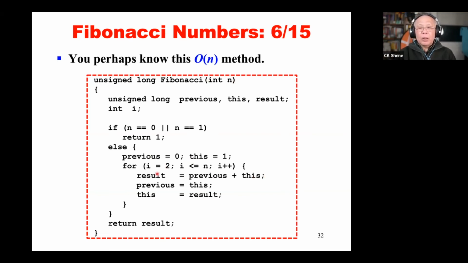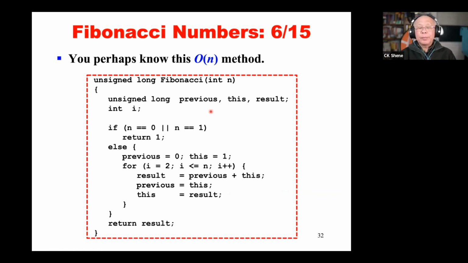Once the result is computed, we move this value to the previous one, the computed result to this one. So in n iterations, we have Fn. So in this case, every iteration we have 1 addition. Therefore, this method is order n. That is linear. Everybody probably knows this method. Given the formula, you will definitely come up with this method, right?